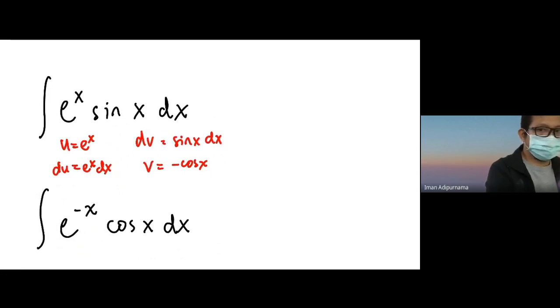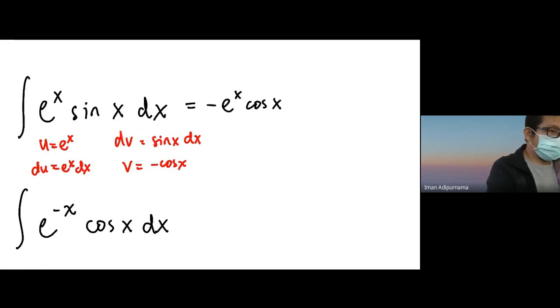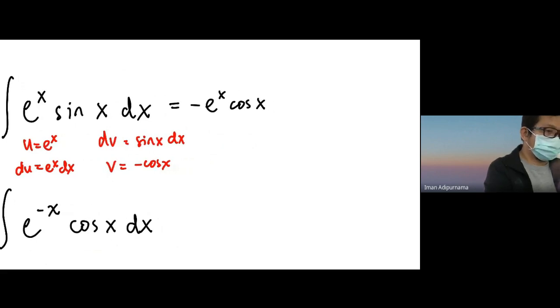So we can write down that this will be negative e^x cos x, and then minus negative is plus, the integral of v du, which is e^x cos x dx.